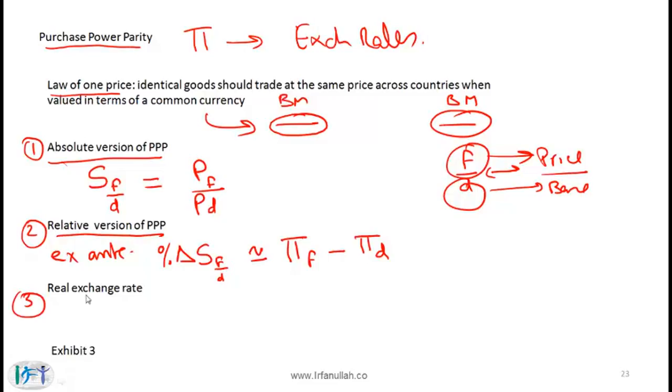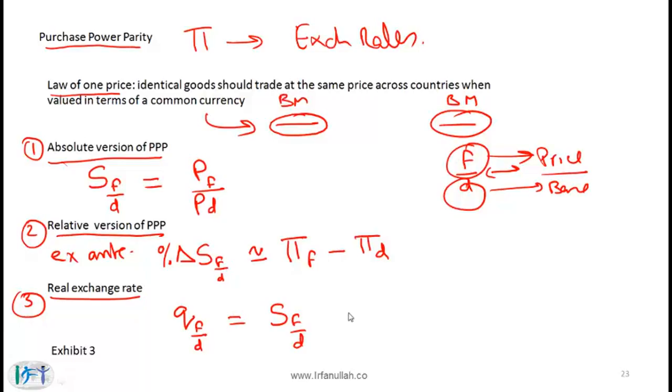Number 3, you need to understand what we mean by real exchange rate, and you need to memorize the formula for real exchange rate. Real exchange rate is depicted by the symbol Q. So again Q, and this is expressed as foreign divided by domestic. This is given by the nominal exchange rate multiplied by the price level.